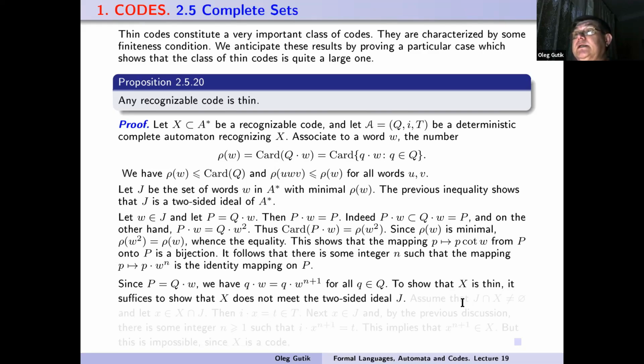To show that the code X is thin, it is sufficient to show that X does not meet the two-sided ideal J. Assume that J intersects X, and let x belong to this intersection.